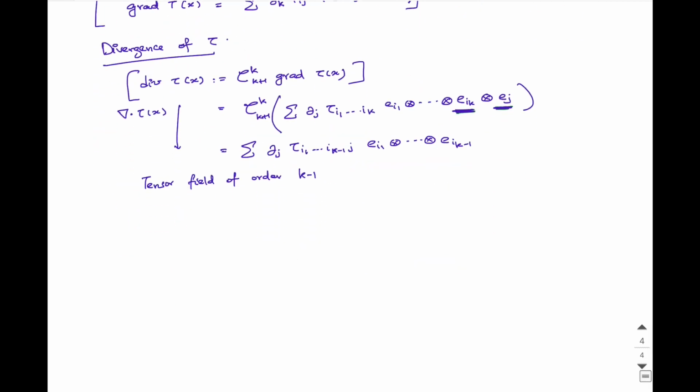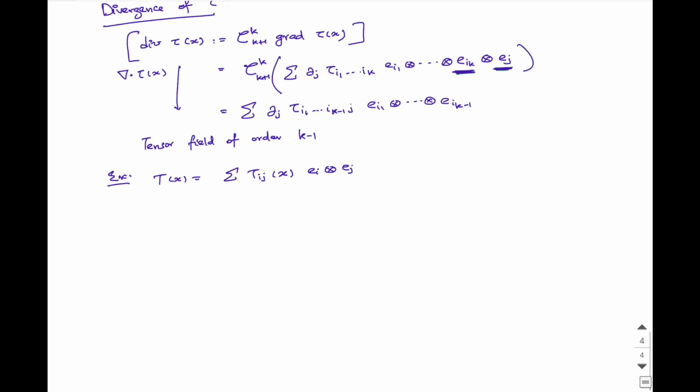Good. Now to actually see how this works, let's consider the example of the second order tensor that we had earlier. We have this second order tensor T of x, which is nothing but the summation of T_ij of x e_i tensor product e_j.